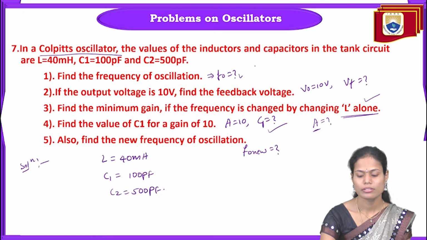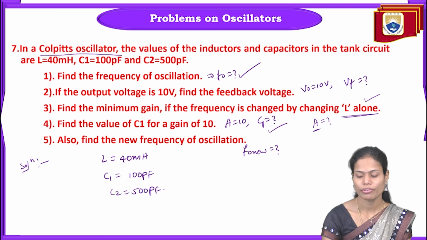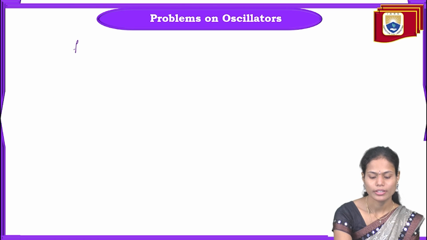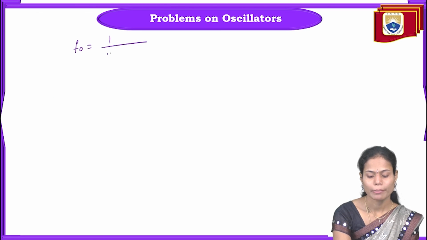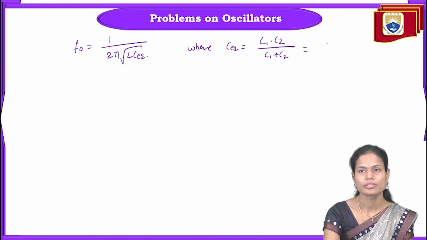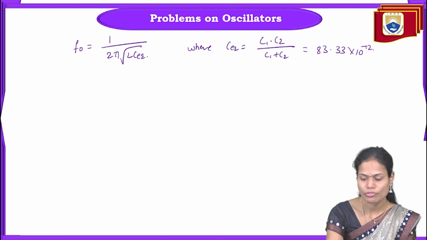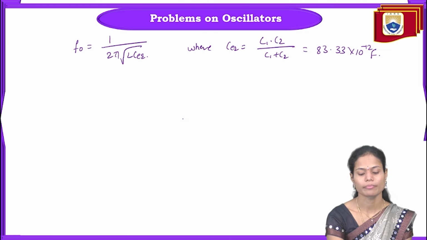First, we need to calculate the frequency of oscillation. F0 equals 1 by 2 pi under root of L into C equivalent, where C equivalent equals C1 C2 by C1 plus C2. If we substitute the C1 and C2 values, we get 83.33 into 10 power minus 12 farads as the C equivalent.